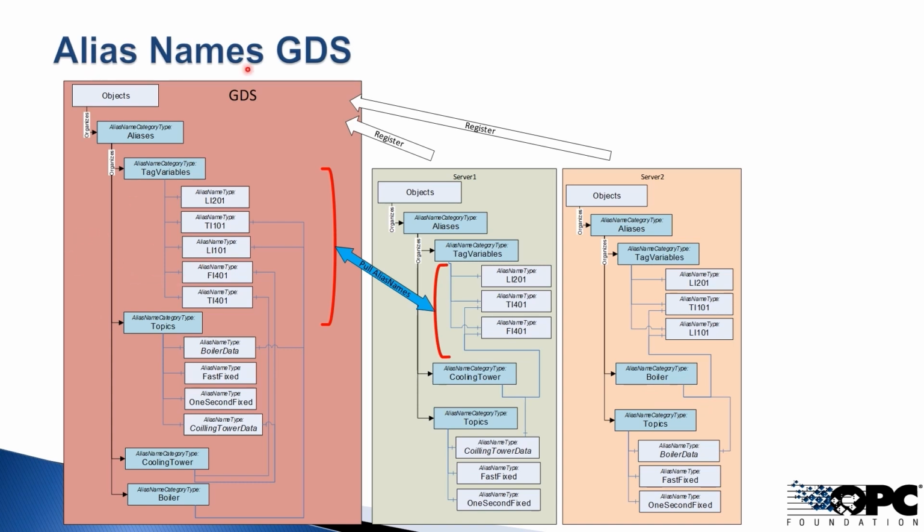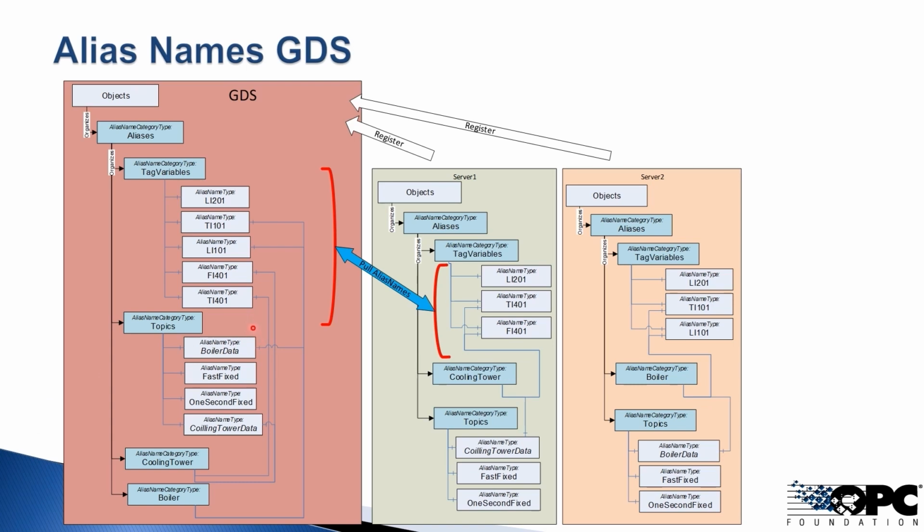So you go to the top level alias server. In this case, of course, the GDS is to be considered the top level server. And from there, I can do the queries and the resolution to resolve my tag names to find my actual nodes in the OPC servers.